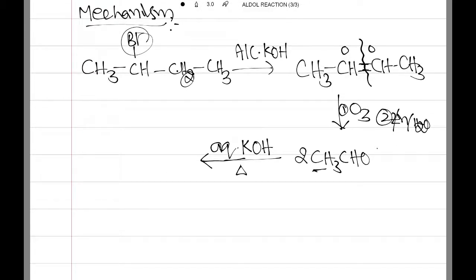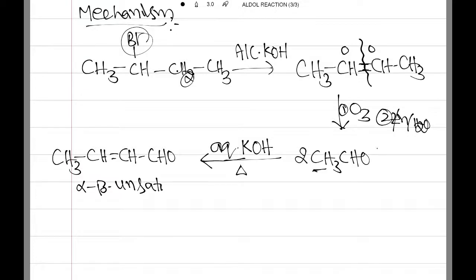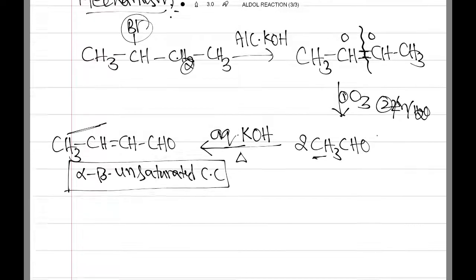The alpha beta unsaturated carbonyl compound is formed: CH3 CH double bond CH CHO. Okay, this is the product of the reaction, right?